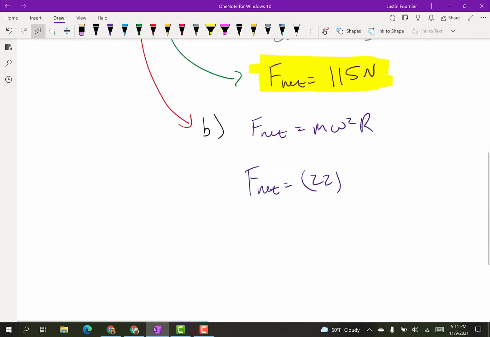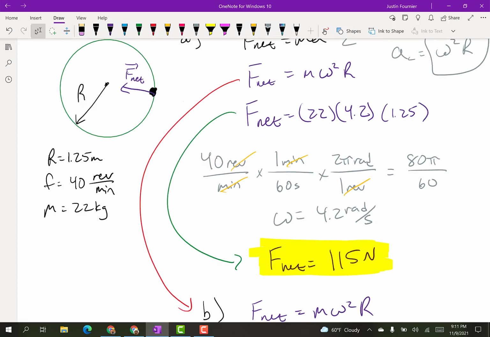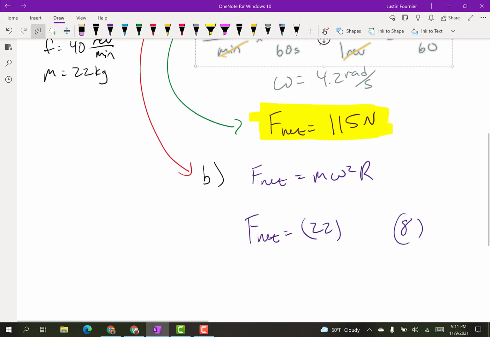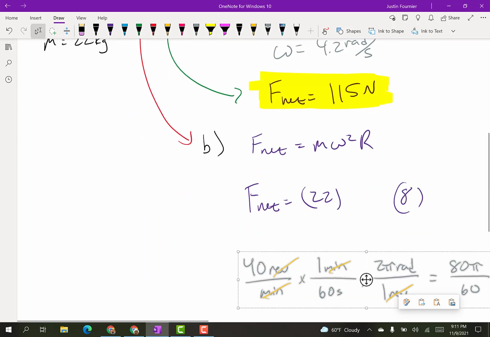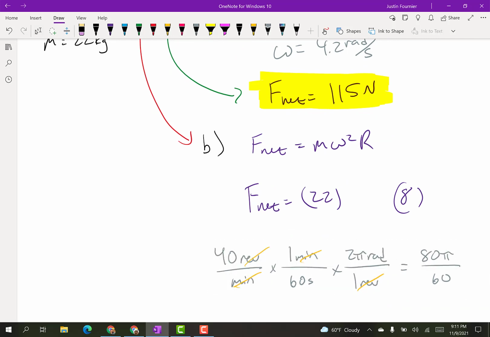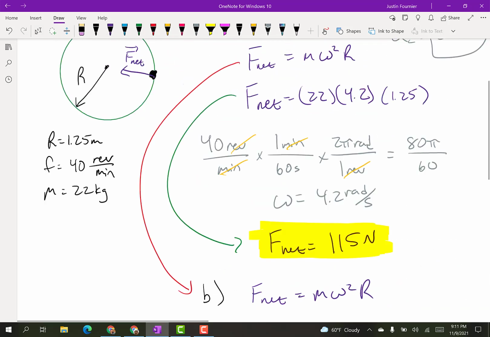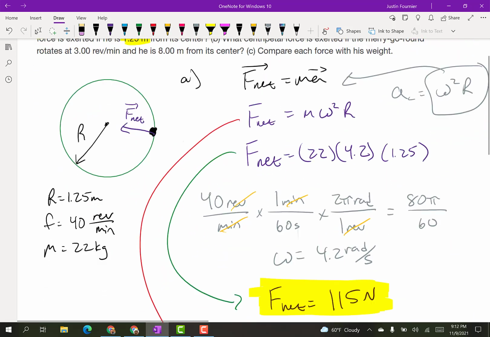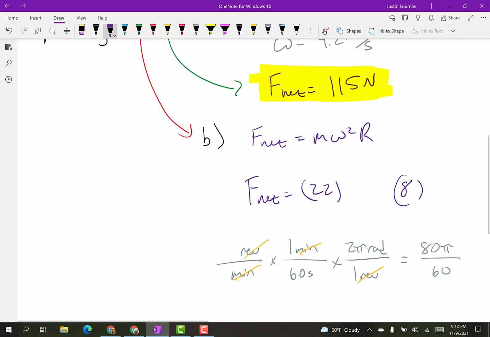Let's see, 8 meters for this, and now I've got to get my omega squared. The conversions are all the same, so I'm just going to copy all this over. Except now, instead of 40, they told me it's 3 revolutions per minute.